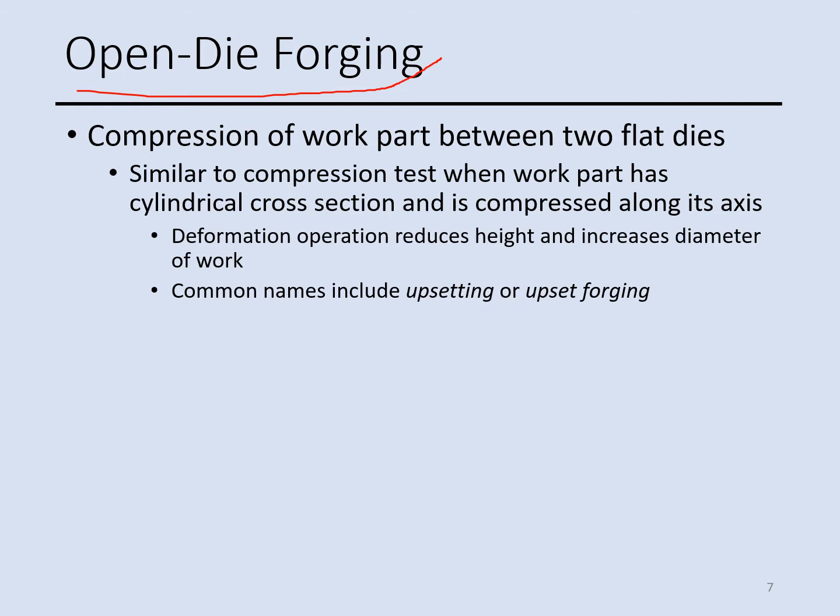It is similar to compression test, and the workpiece can be a cylindrical cross section, compressed along its axis. In this process, the deformation operation reduces height and increases diameter of the workpiece. It has other names. It's called upsetting or upset forging process.